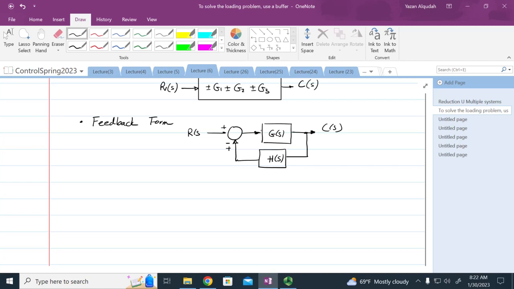Is that clear, everybody? Okay. So again, this H of S could be translating the output, which is, for instance, a temperature in Fahrenheit, to a voltage.